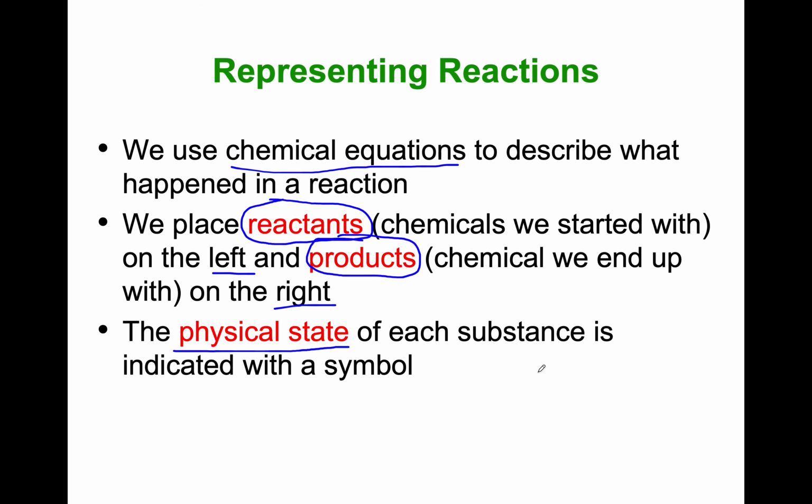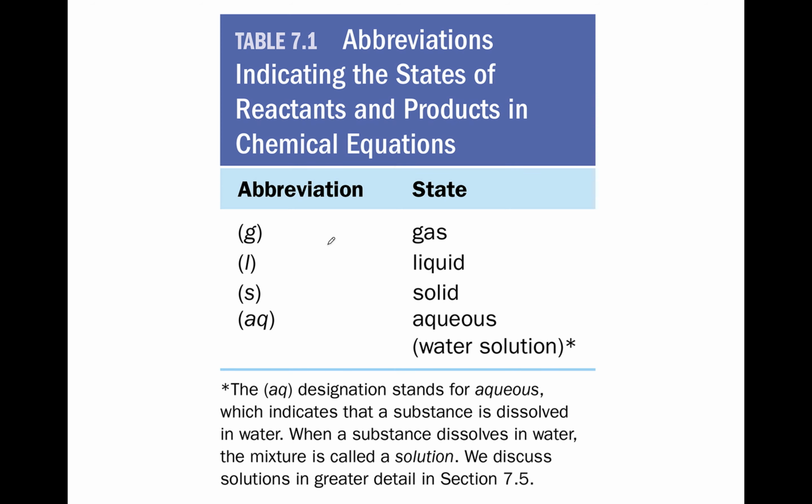Physical state, that'll be helpful. Solid, liquid, gas. Those are our states. Here, if it's in water, so it's a mixture in water, it's an aqueous solution, AQ. So these are all going to be added to our chemical equations to give us more information on what's happening.